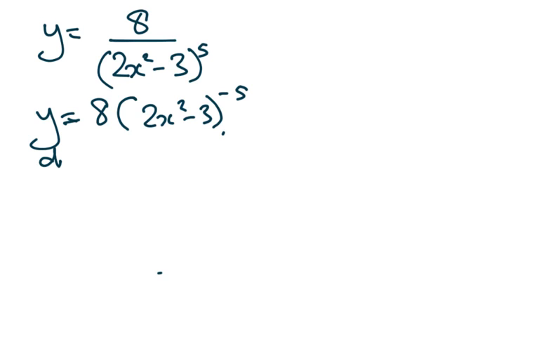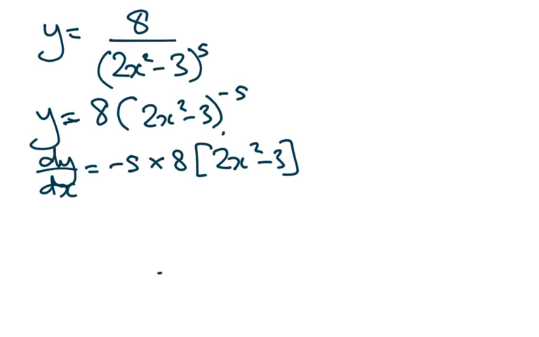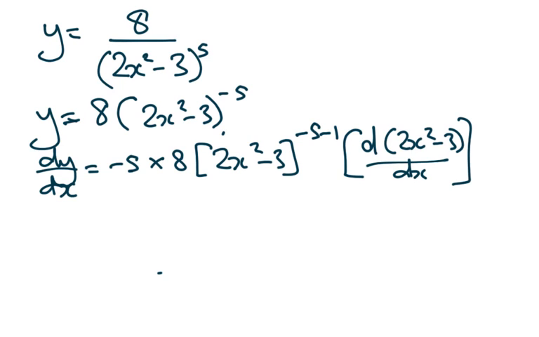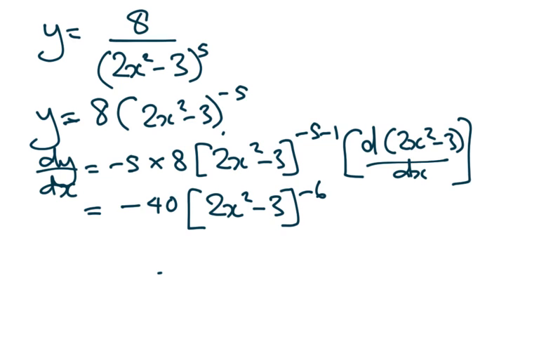So from here dy dx equals negative 5 times 8, and then (2x squared minus 3) to the power of negative 5 minus 1, and then you differentiate 2x squared minus 3 in terms of x. So what I get is negative 40(2x squared minus 3) to the power of negative 6, and when you differentiate 2x squared minus 3, you get 4x.